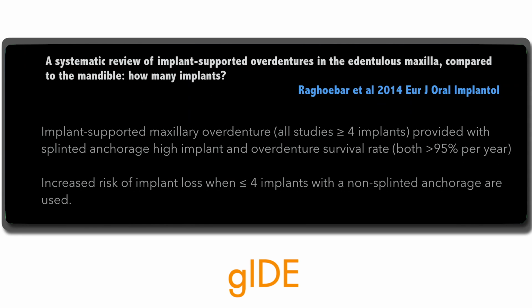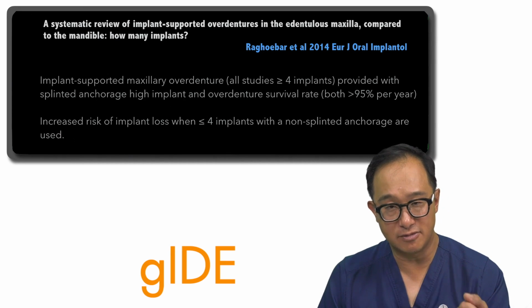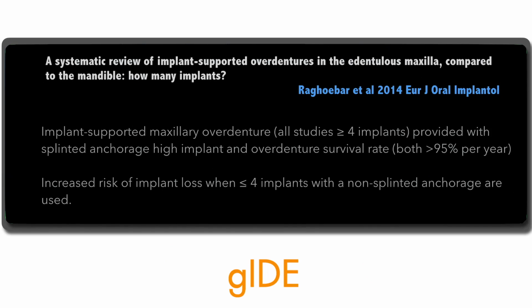There was an increased risk of loss when they had less than 4 implants with a non-splinted anchorage. So with an overdenture, normally in the mandible, you don't have them splinted. They could be single individual attachments. While in the maxilla, after reading the literature, I would always recommend to splint the implants together and try to have 4 or more for a maxillary implant overdenture.